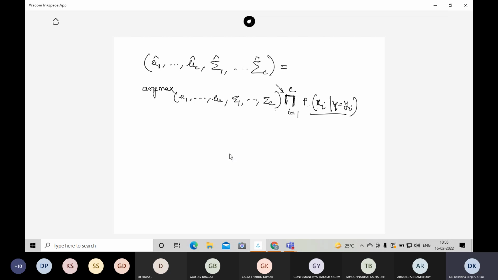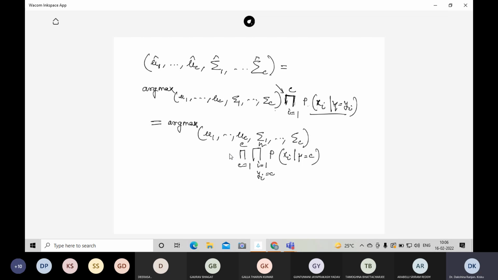Further we can write argmax over mu1 to mu c, comma sigma 1 to sigma c, product over c equals 1 to capital C, and here i equals 1, yi equals c, and if we have n number of examples, then this product is estimated over the likelihood p of xi given y equals c.